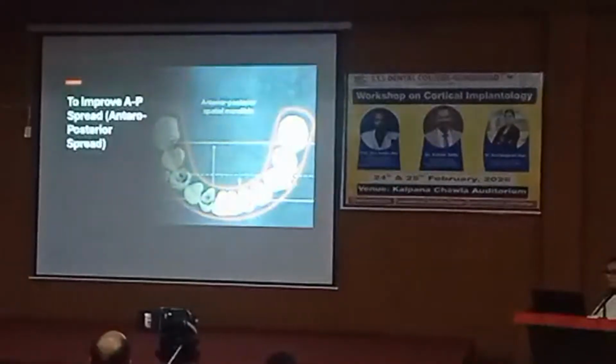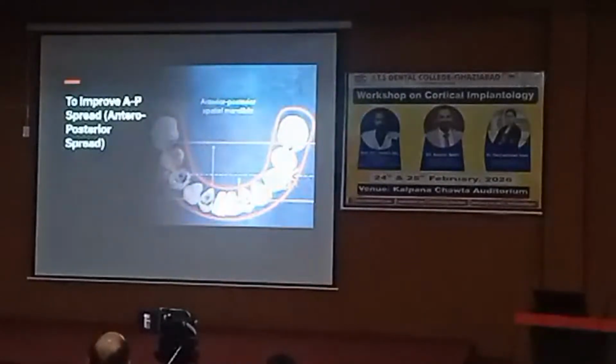And obviously, pterygoid implants increase the AP spread. It is anterior-posterior spread. Do we have any idea about AP spread? Why do we need to increase the implants anterior-posteriorly? If you are doing all-on-4, the implant will be till your premolar region, 4 or maybe 5. You can put a tilted implant and keep the abutment at most to the 6th region, but you can't go beyond 6 or 7.